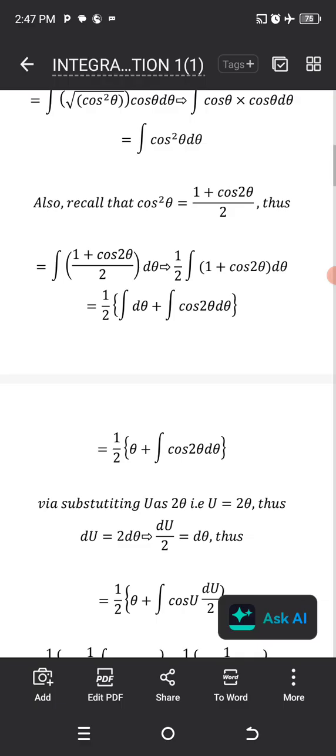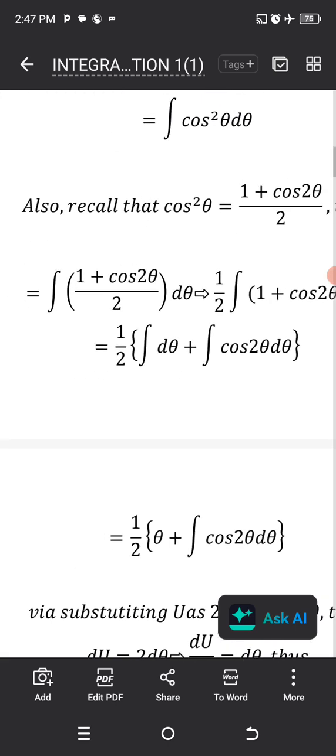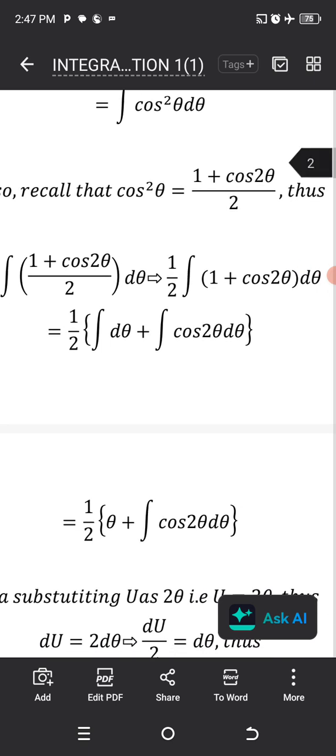So you can see that in the next line we bring out the 1 over 2 from the value that is inside the integral. So that's why we are saying 1 over 2 integral of 1 plus cos 2 theta d theta.